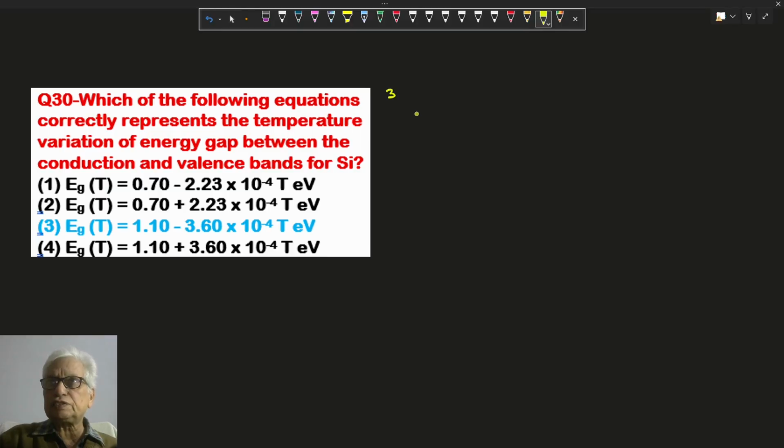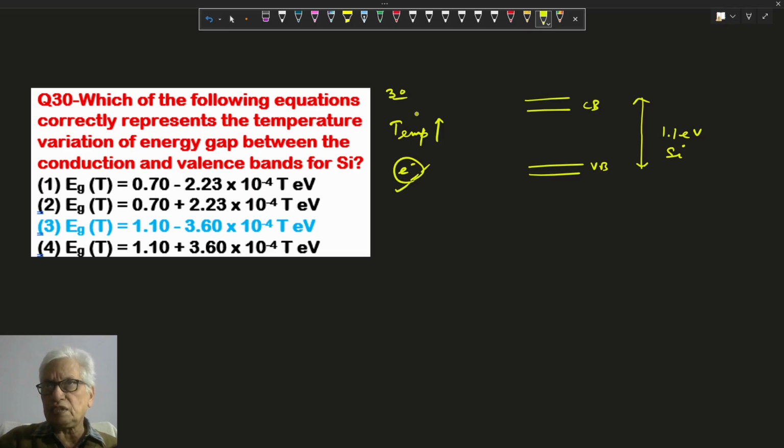Hello, in this question, this is the conduction band and valence band, and the gap between them is 1.1 electron volt for silicon. But due to the temperature increase, some electrons are excited by the temperature and reach the conduction band.